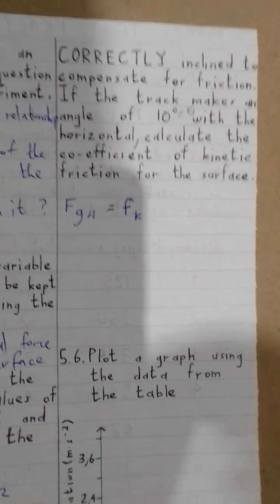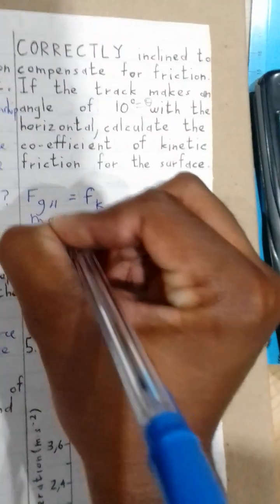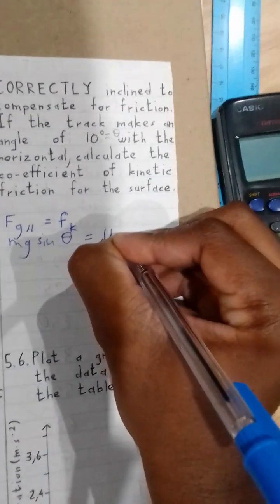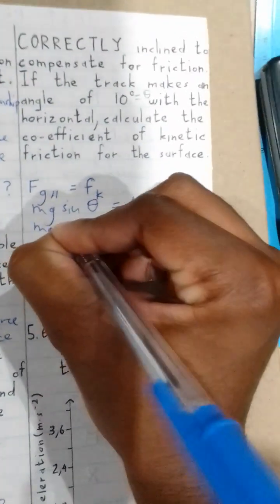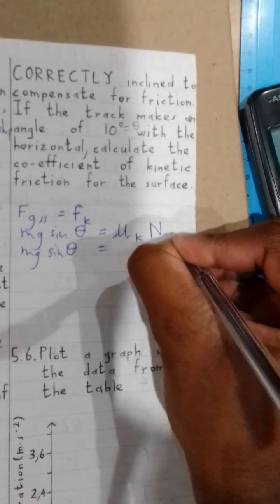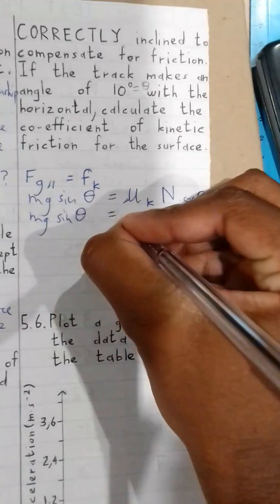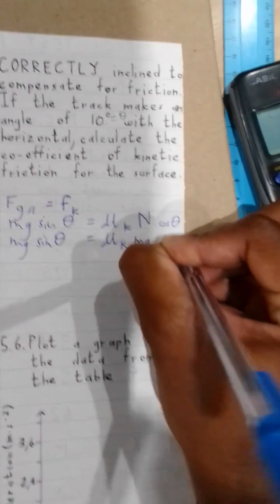So F G parallel, remember it's mg sine theta. Fk, when you go to the formula sheet, it's mu k N. Right? N, the normal force, is equivalent to mg cos theta. My mistake. So mg sine theta equals mu k times mg cos theta.